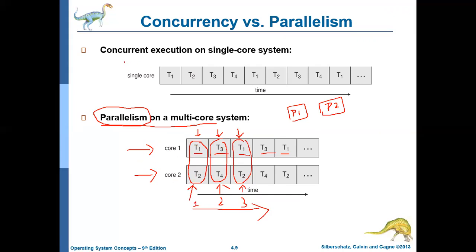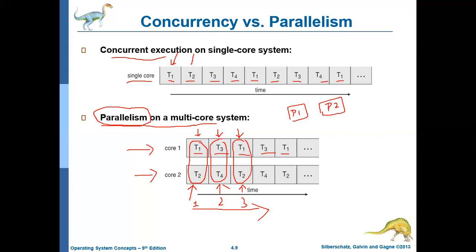Now, what is meant by concurrent execution? Concurrent execution means you have more than one thread available in the system, and all threads are progressing by means of context switching. That is, your CPU has only one core. So the CPU executes thread 1 for some time, 4 milliseconds or 5 milliseconds.